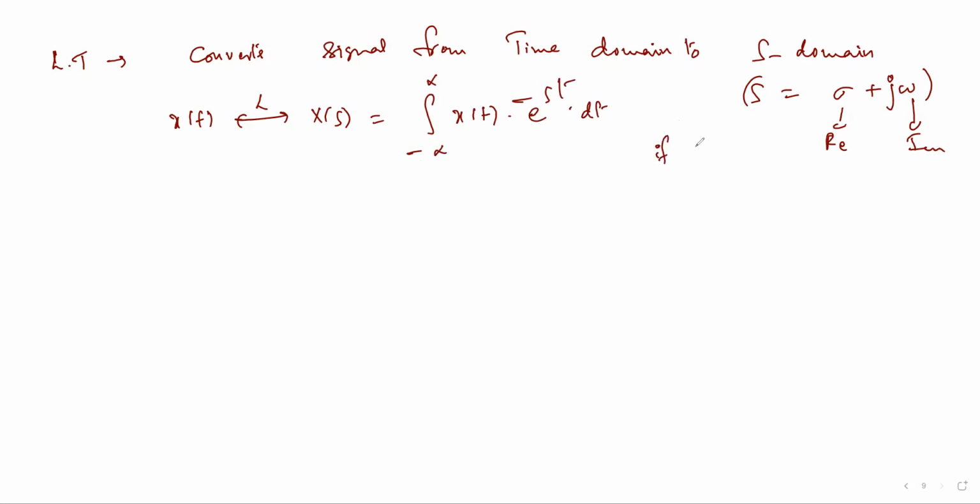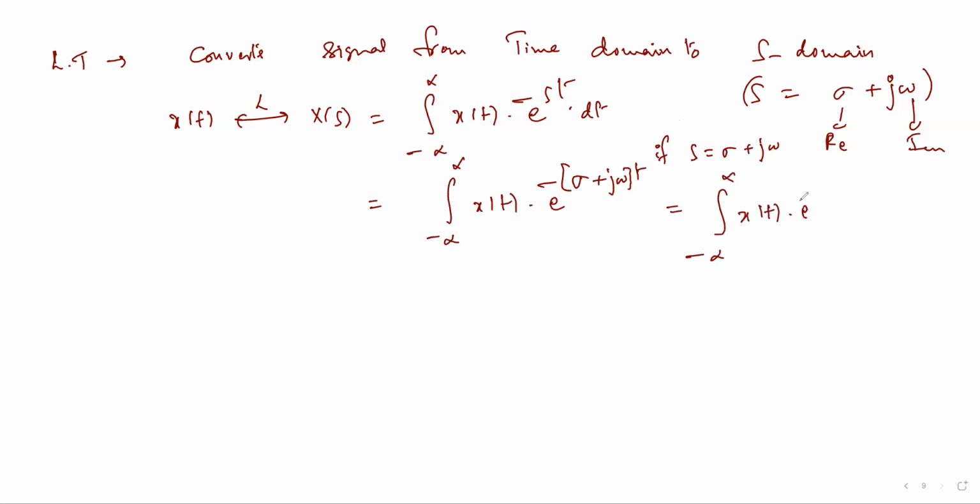If s is equal to sigma plus j omega, this is the integral of x of t e to the power of minus (sigma plus j omega) t, which is equal to the integral of x of t e to the power of minus sigma t e to the power of minus j omega t.